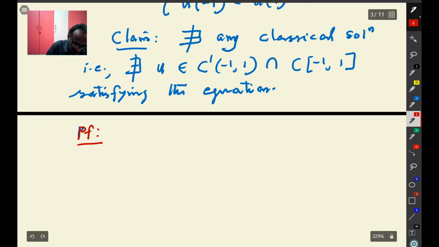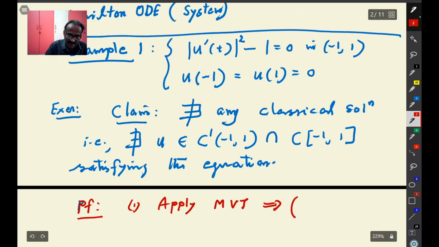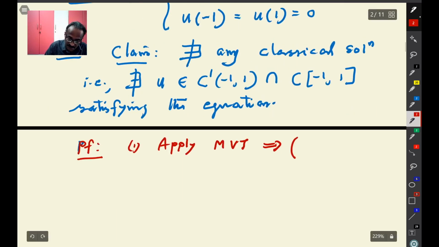One way is to apply the mean value theorem, because u of minus 1 equals u of 1 equals 0, so there will be a point at which u prime is equal to 0: u prime of psi becomes equal to 0 for some psi.